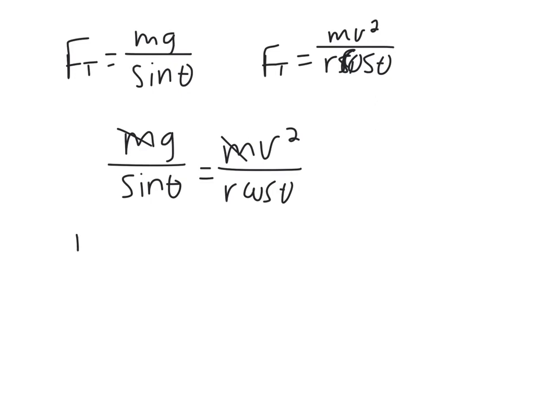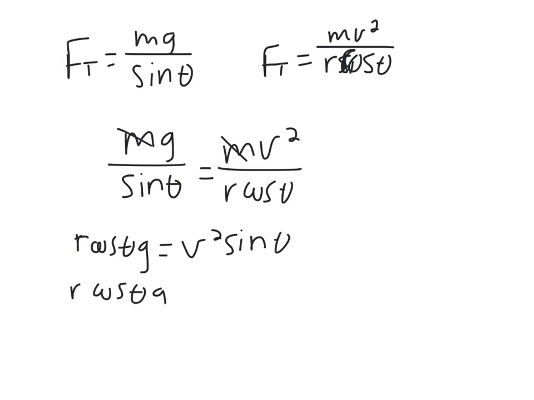So let's do our algebra. We get r cosine theta g equals v squared sine theta. r cosine theta g over sine theta equals v squared.